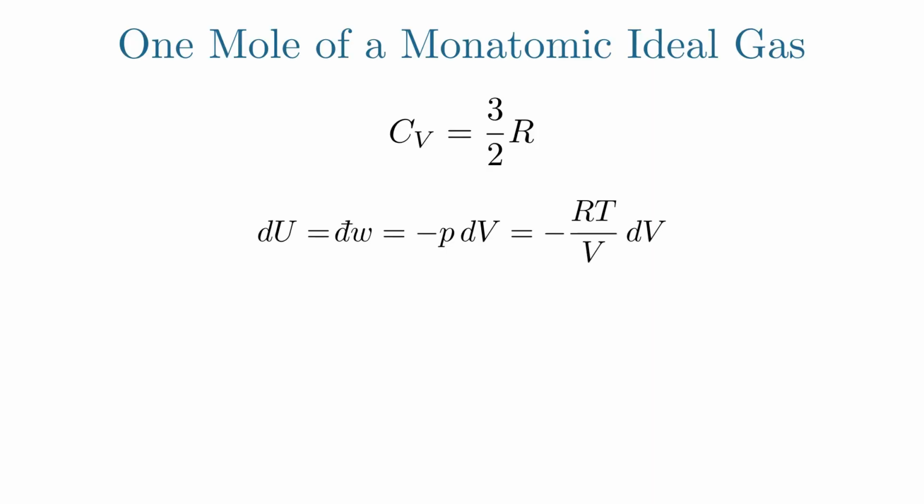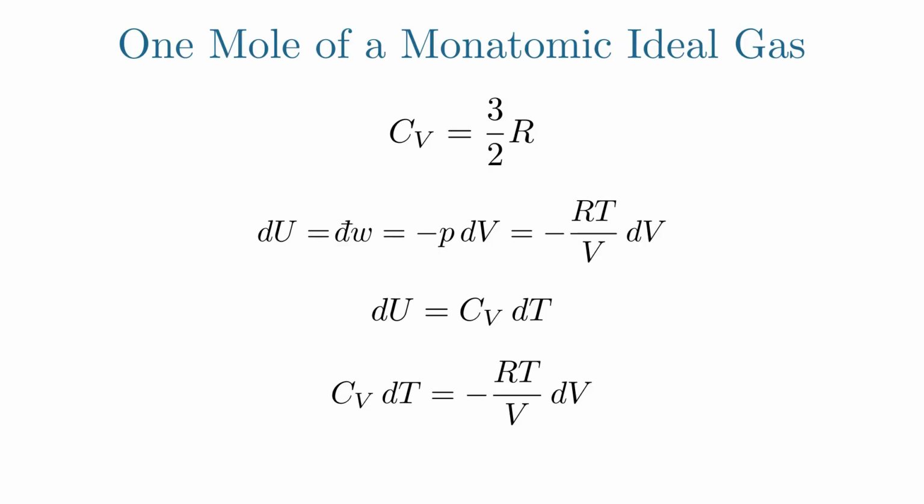Because the process is adiabatic, dq equals 0, and for a reversible process, P_external goes to P. So the first law gives dU equals dw equals minus P dV equals minus RT over V dV, where we have used the ideal gas equation for 1 mole.